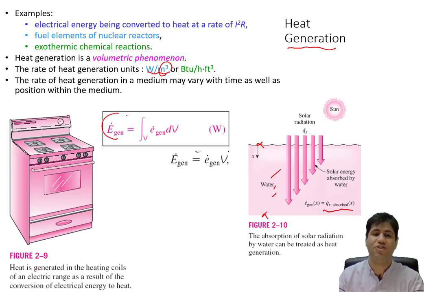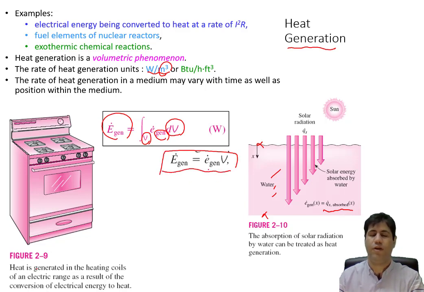For that reason, E dot generated, or rate of heat generation for an object, is equal to integration over the volume of that object, e dot gen, which is the specific heat generation, times differential of V, which shows the volume element of the medium. So simply, if we integrate, we can find the equation, where V is the volume of the object for which we are going to calculate heat generation.